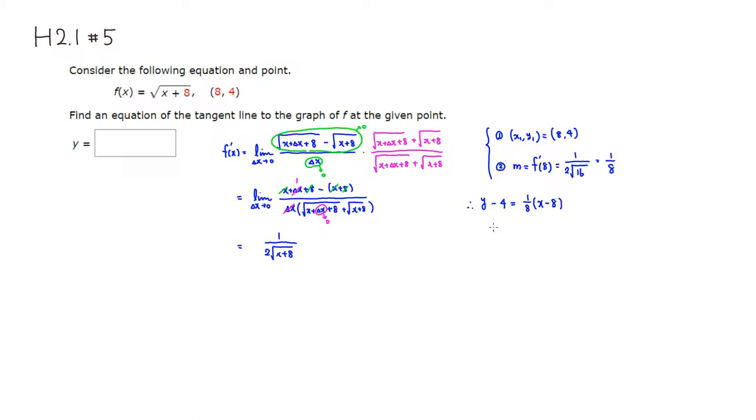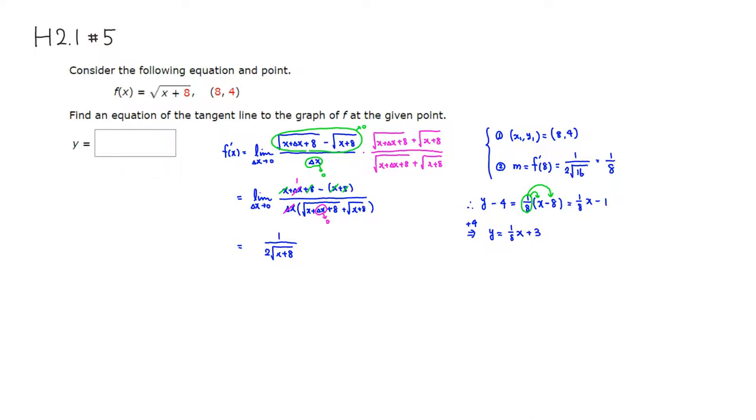I'm going to distribute 1/8 to x and negative 8, and we end up getting 1 over 8 x minus 1, because 1/8 times negative 8 is negative 1. I want to isolate y, so I'm going to add 4 to both sides. So you have y equal to 1/8 x plus 3.